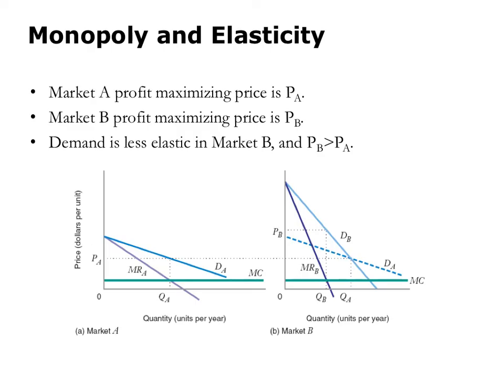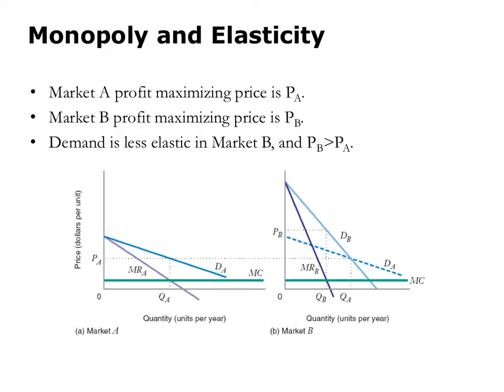Another reason to care about elasticity in studying monopolies is that the more inelastic demand is, the higher the price will be. The more elastic demand is, the lower the price will be. That's demonstrated here by these figures. In market A, we see a relatively flat or elastic demand, and in market B, we see a relatively steep or inelastic demand. For simplicity, marginal cost is assumed to be constant in each market.